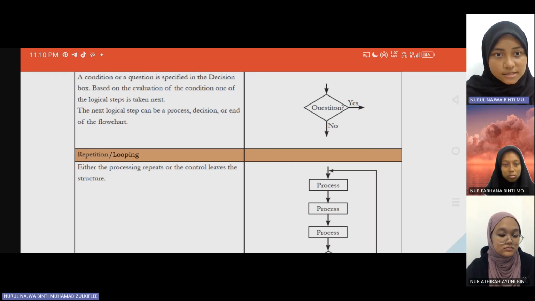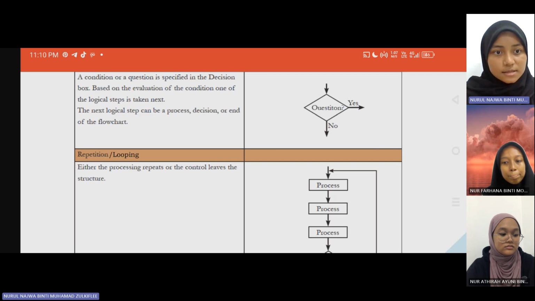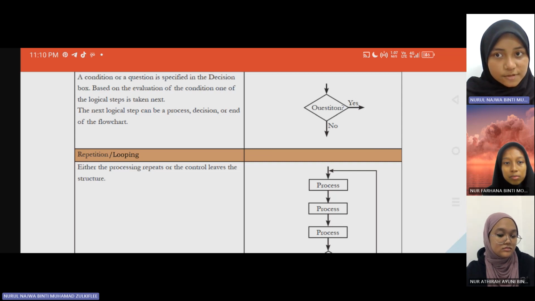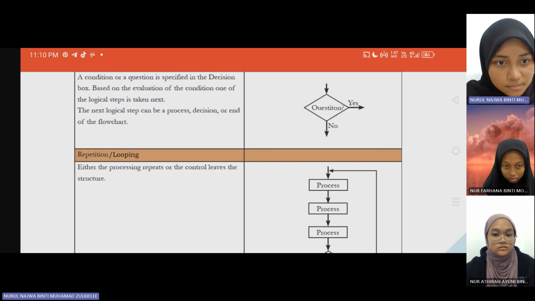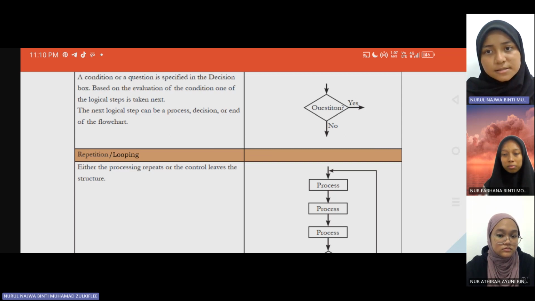Based on the evaluation of the condition, the logical step is taken next. The next logical step can be a process, decision or end of the flowchart. Repetition or looping: either the processing repeats or the control leaves the structure.